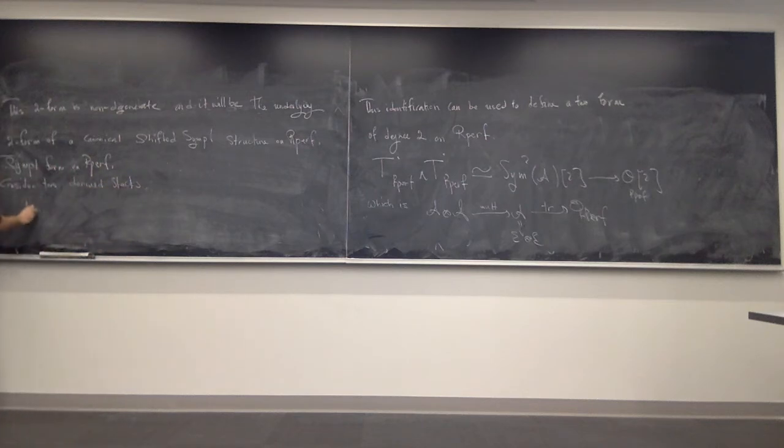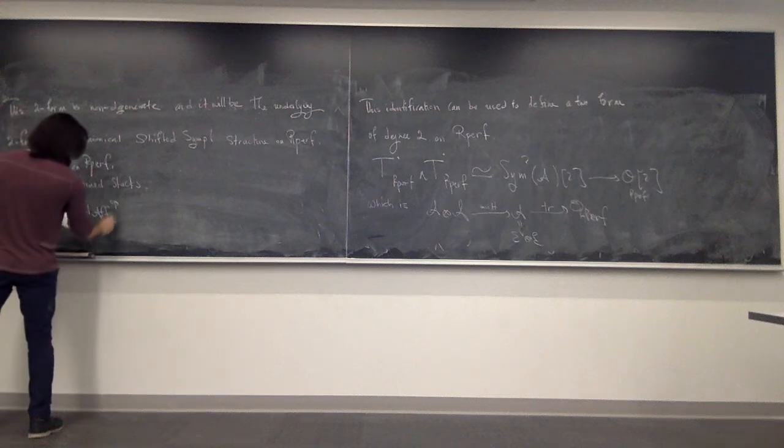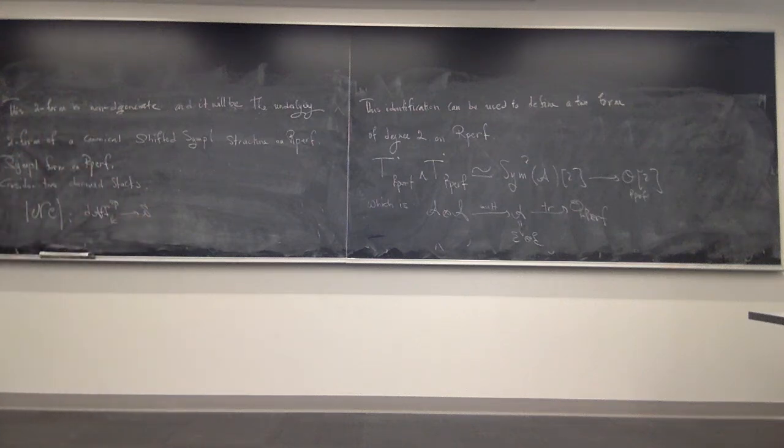One of them is the stack of negative cyclic complexes or homologies, which takes you from the opposite category of derived affine stacks over the field to simplicial sets.